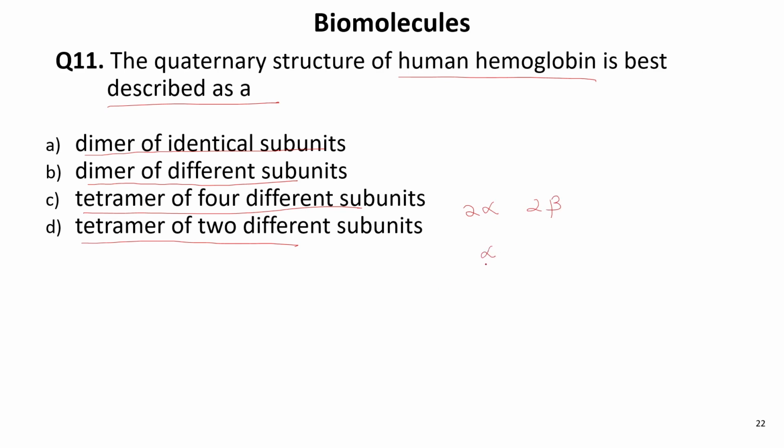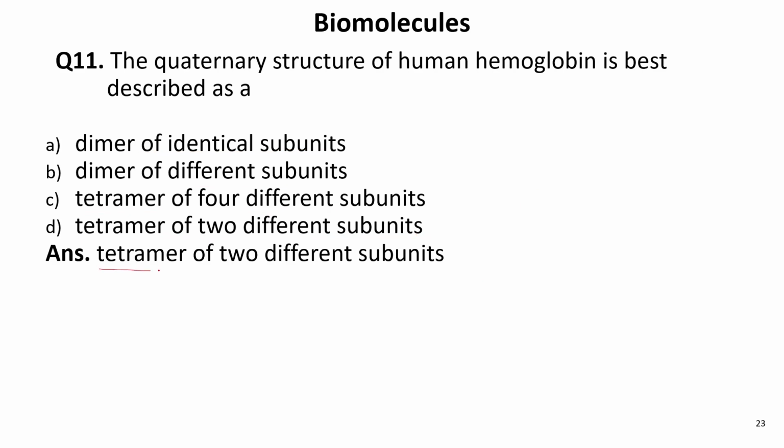So 1 alpha, 1 beta, and here 1 alpha and 1 beta. This forms the human hemoglobin molecule. So there are 2 different subunits, alpha subunit and beta subunit. But what is their number? 2 plus 2, 4. That is the tetramer of 2 different subunits. So the correct answer is tetramer of 2 different subunits.